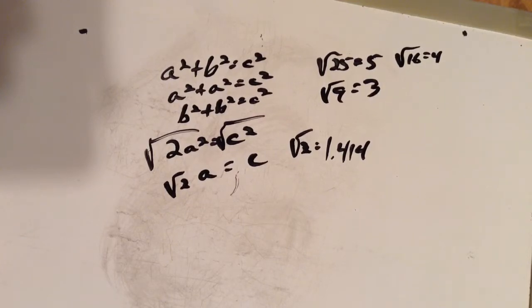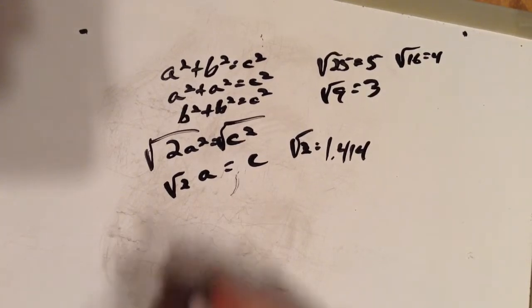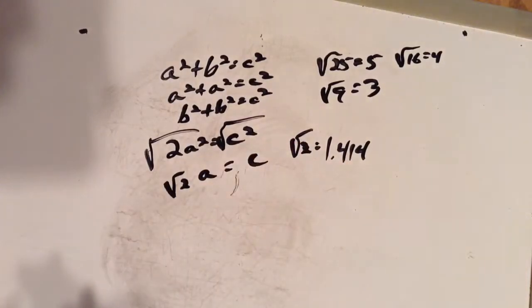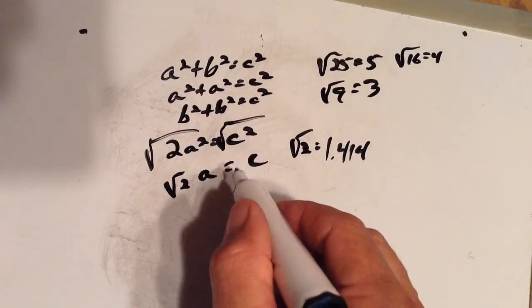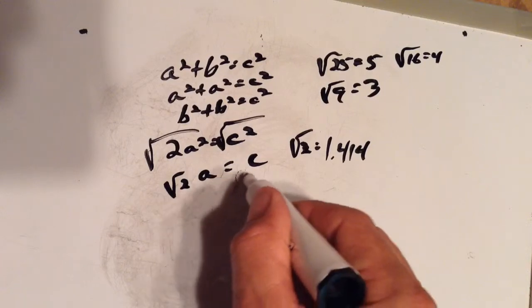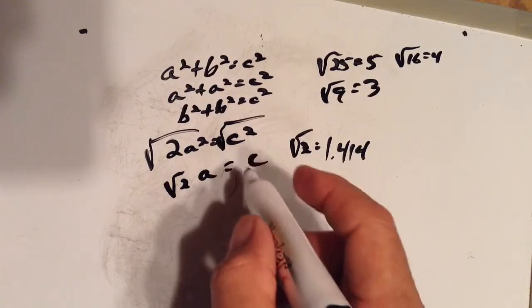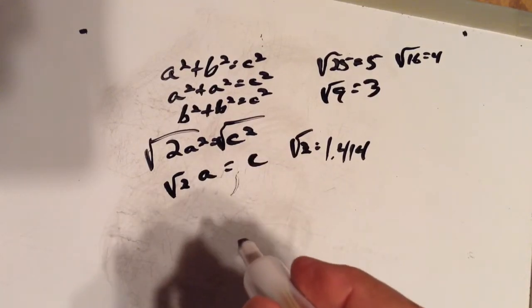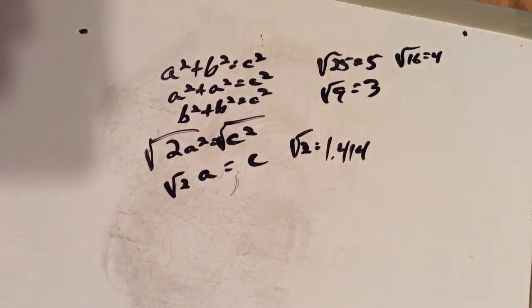We can use this information to figure the length of the hypotenuse of our 45-degree right triangle. Remember what we determined a while ago, that the square root of 2 times A equals C. Uh-oh, I jumped ahead of myself here.